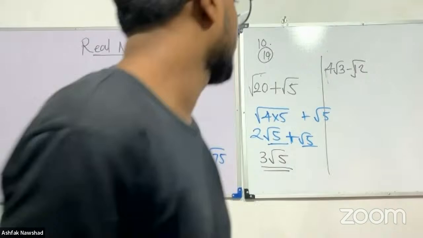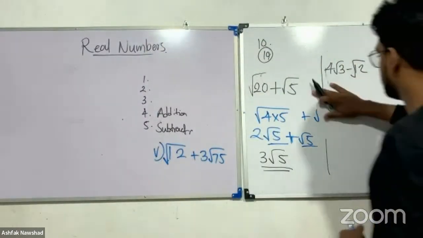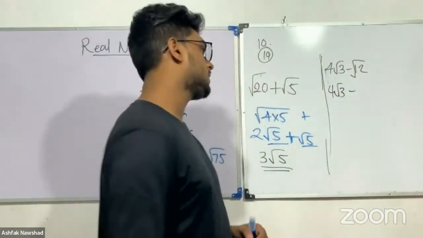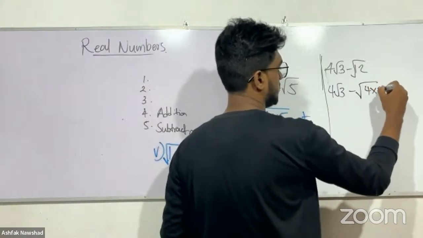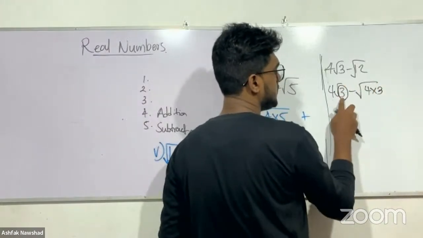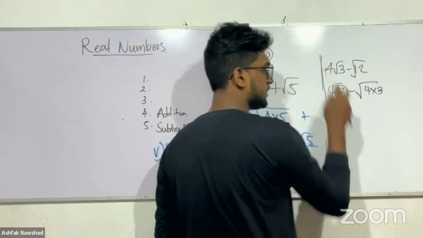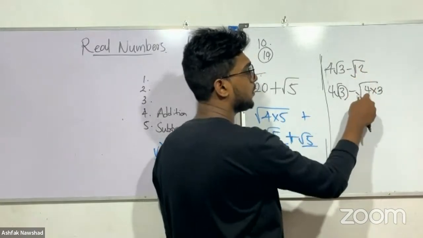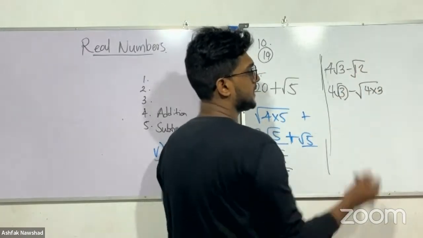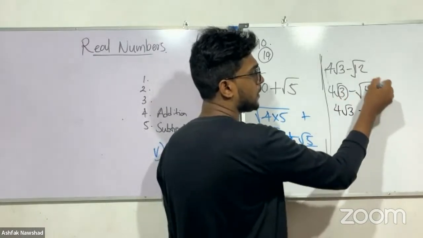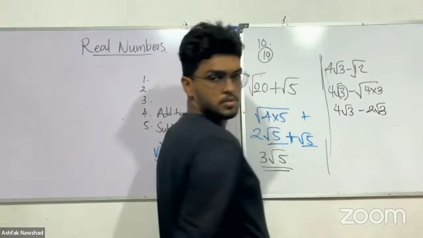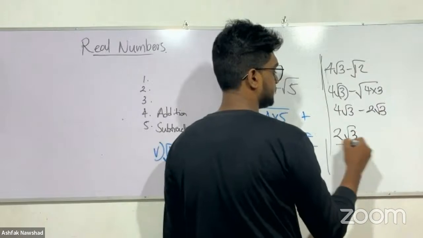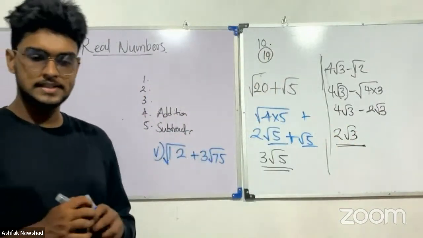So, easy enough. I'll just keep it as 4 root 3. 12 can be simplified. 12 can be written as 4 times 3. Always we have to check, we have to factorize it with the root inside. So it is root 3, so I must divide 12 by 3. 12 by 3 is 4, and 4 times 3 is 12. So that is the easiest way. Here 4 comes out, so it is 2. 4 root 3 minus 2 root 3 is 2 root 3. So that is the answer.